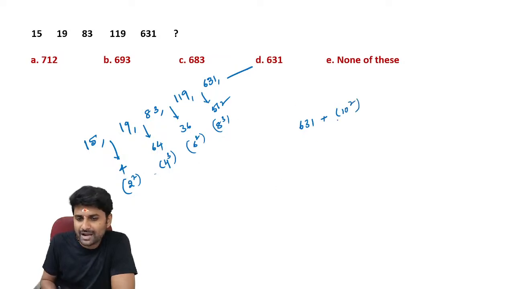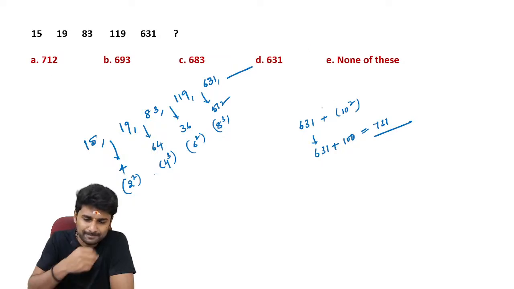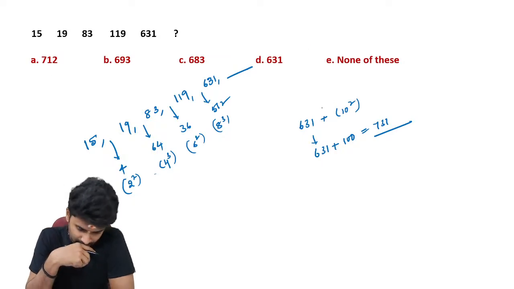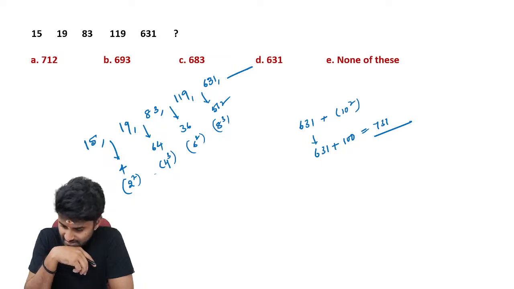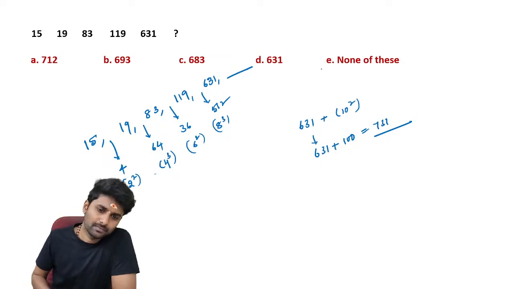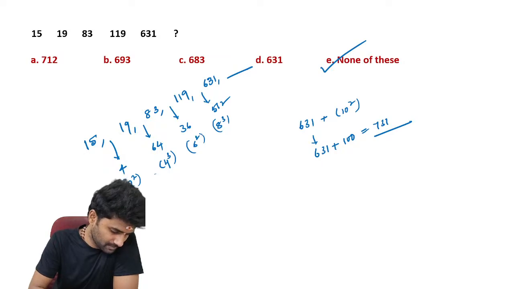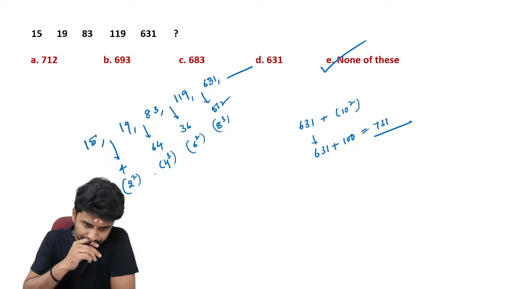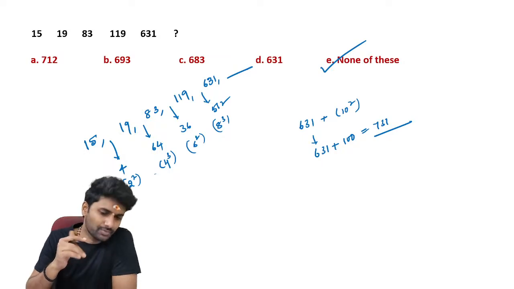Square cube, we have to add square number. So answer 631 plus 100 is 731 is the number you should replace it. Is it clear? It's a combination, square and cube combination.